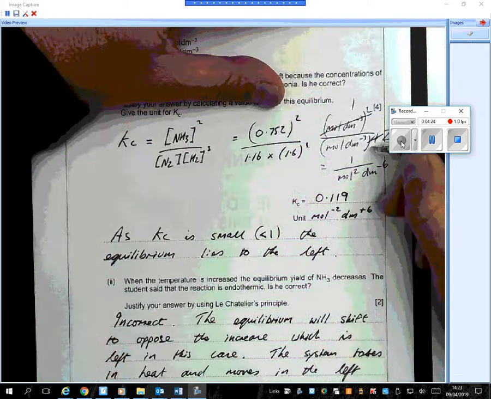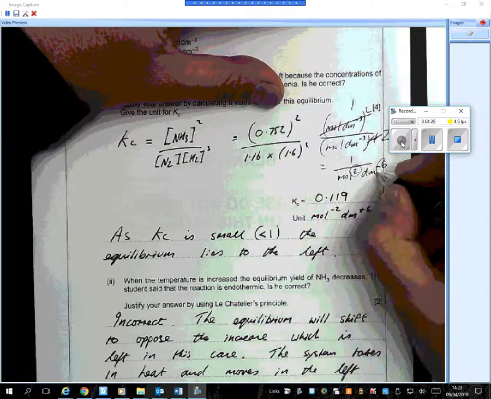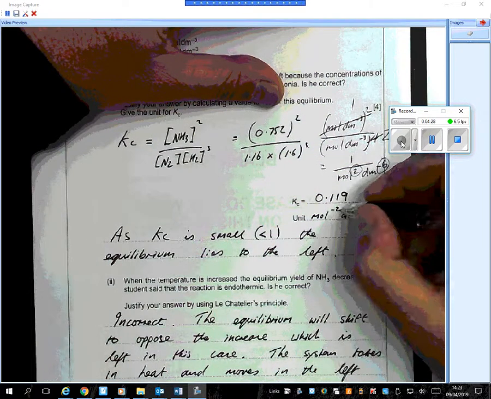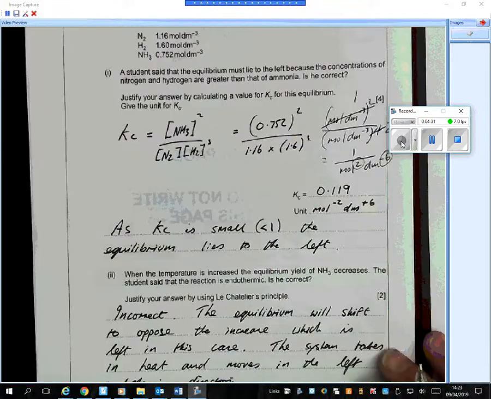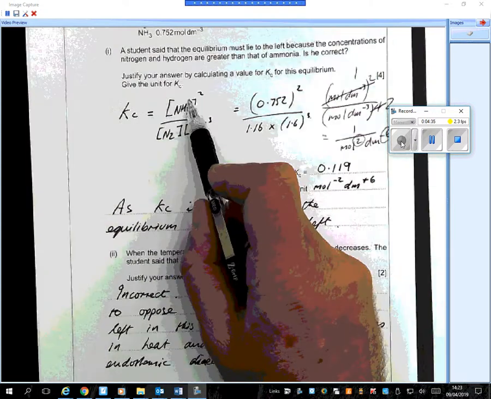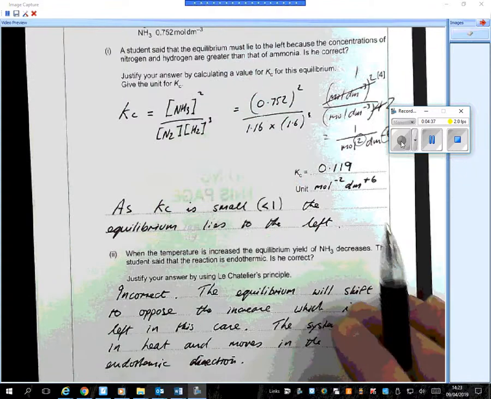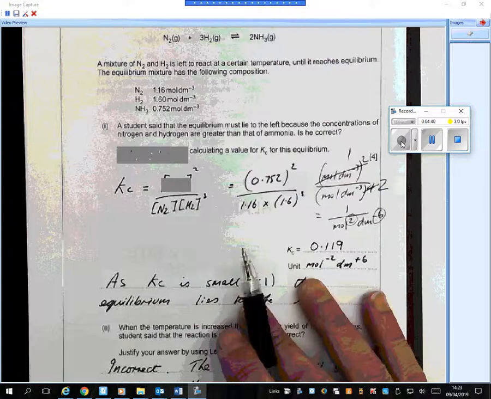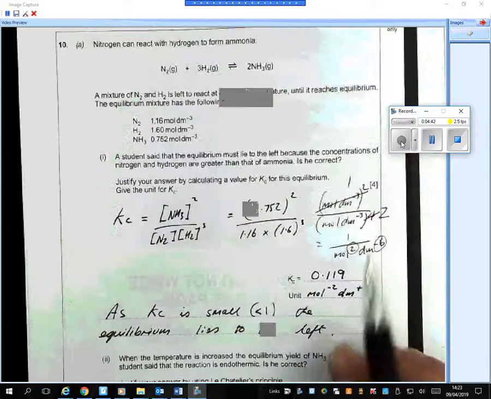When you invert that, you change the sign of the indices, so that becomes -2 and +6. As Kc is small, obviously this is a small value, this is a big value. That means the equilibrium lies to the left-hand side.